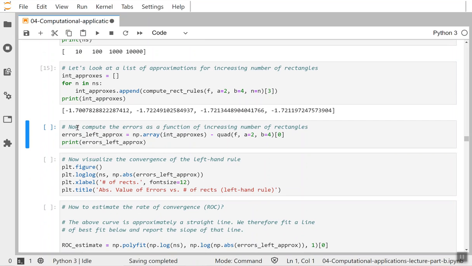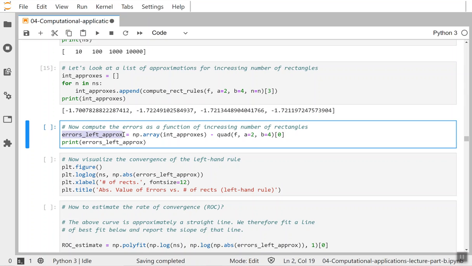If I wanted to actually compute the errors as a function of increasing numbers of rectangles, then this is what I would do. For the errors from my left approximation, I take that list and I turn it into an array, np.array of the int approximations. So now I have an array of these. And I subtract off the value from the array. When I subtract a constant from an array, it gets subtracted from all of the elements.